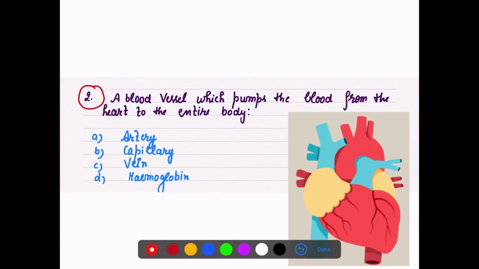Now, a blood vessel which pumps the blood from the heart to the entire body, and the answer is artery. So those who have marked the correct answer, give yourself 1 mark, and others please put 0.